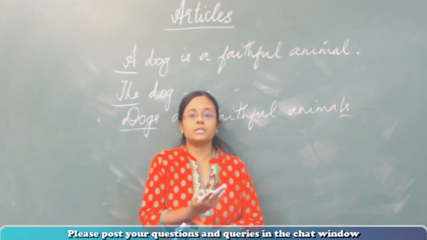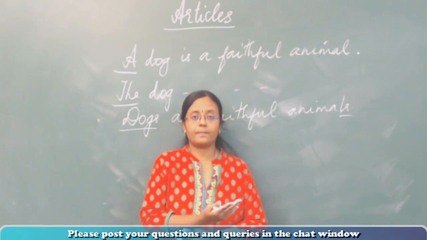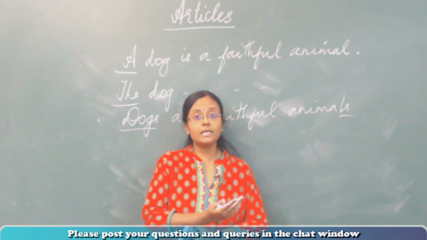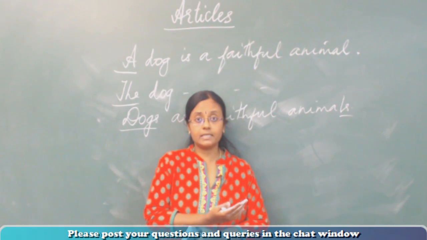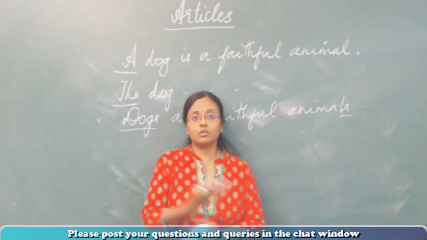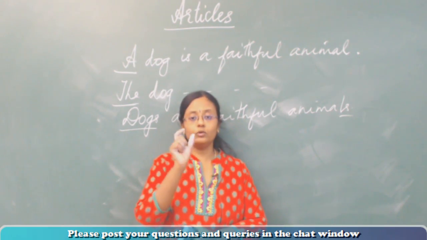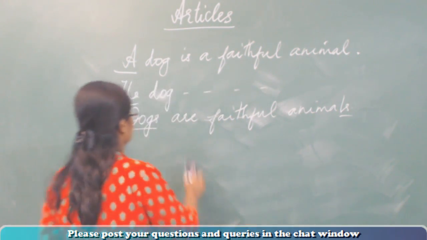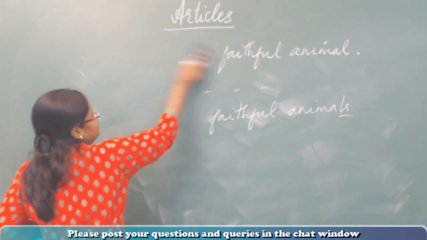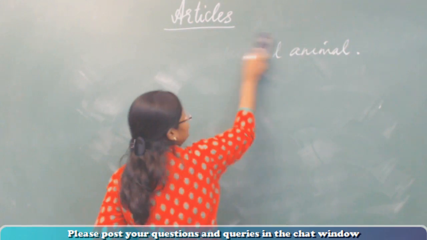A hospital, a sick person, you say he is still in hospital. If you say he is still in hospital, it means he is still sick. He is admitted there. What is a hospital meant for? To treat the sick. So when you use these words, there's a list of words, when these places are used for their primary purpose.